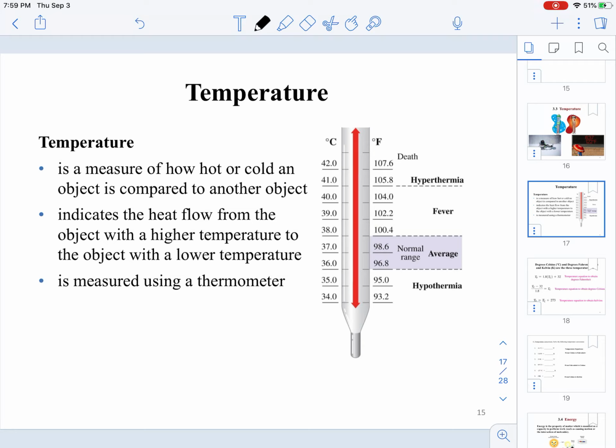And understand that in order to measure temperature, a thermometer is the instrument used to measure temperature. As you can see, we have the illustration of a thermometer.